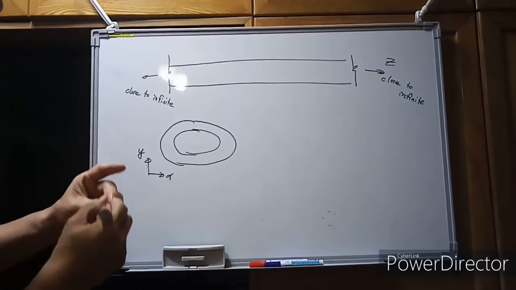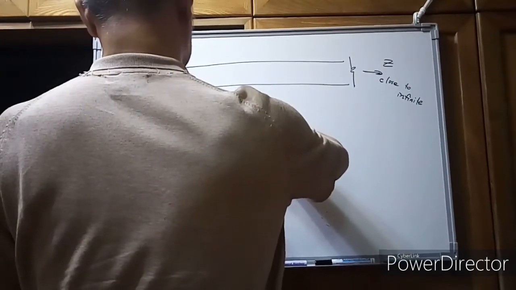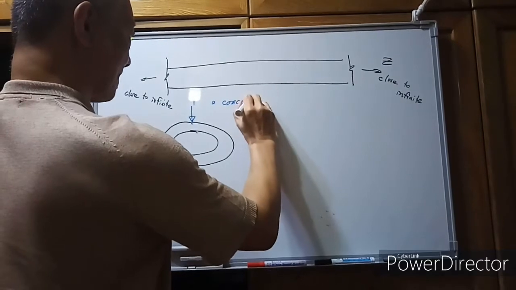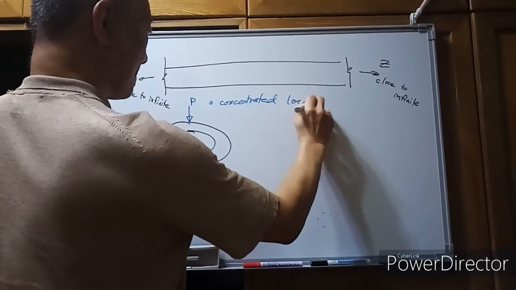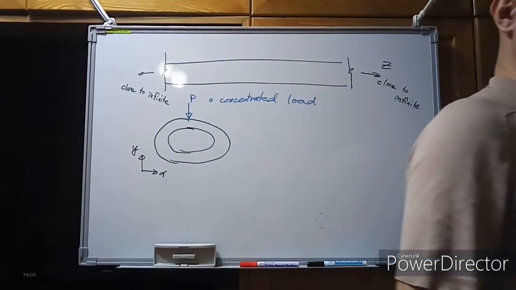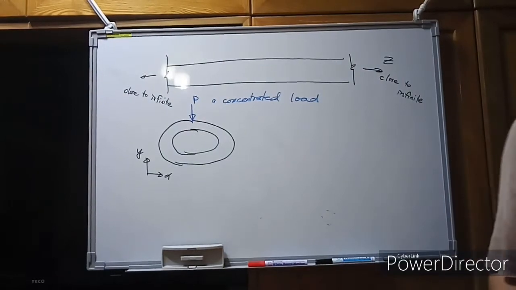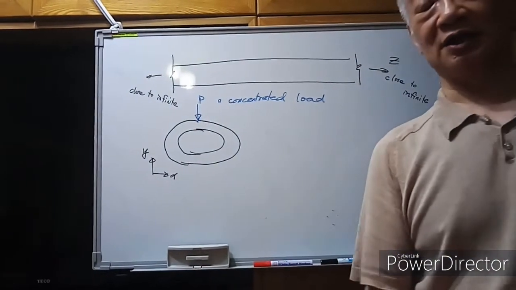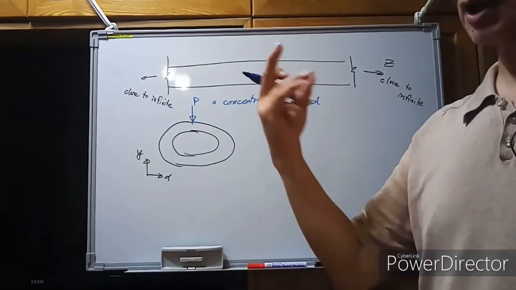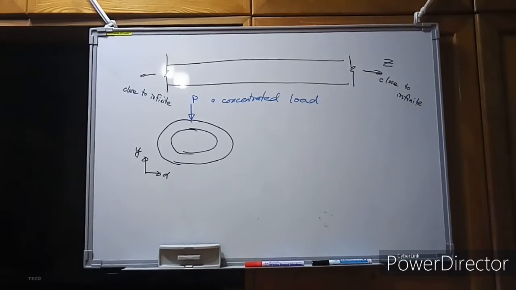in a plane strain model for these structures, if we consider a concentrated load P applied at the tip of the tunnel cross section, then in the three-dimensional problem, what kind of loading can give you a concentrated load P in the cross section?